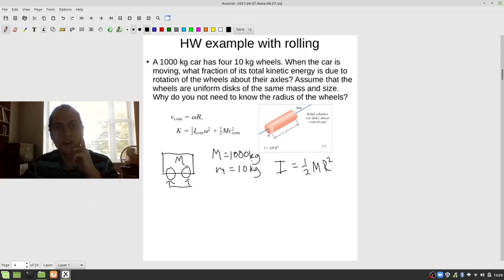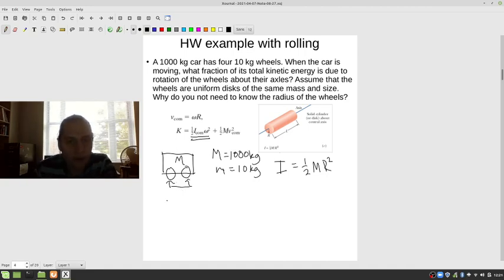So if you wanted to, it asks what fraction of its total kinetic energy is just due to the rotation of the wheels. So part of that energy is just the rotation of the wheels. Part of the energy, the kinetic energy of the wheels themselves, is due to the translation.